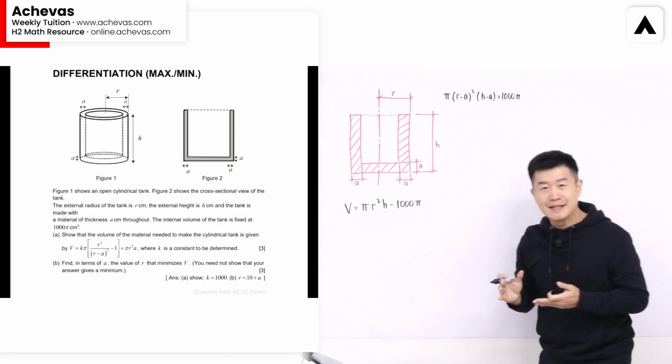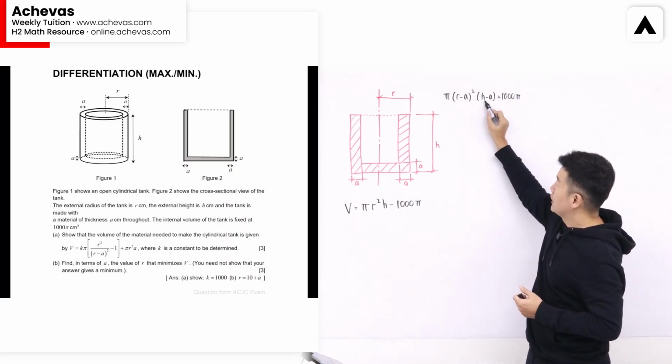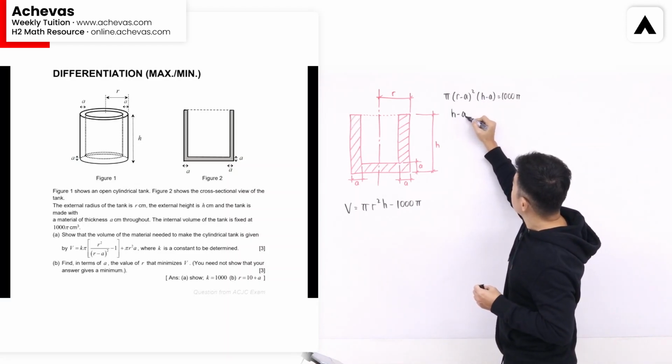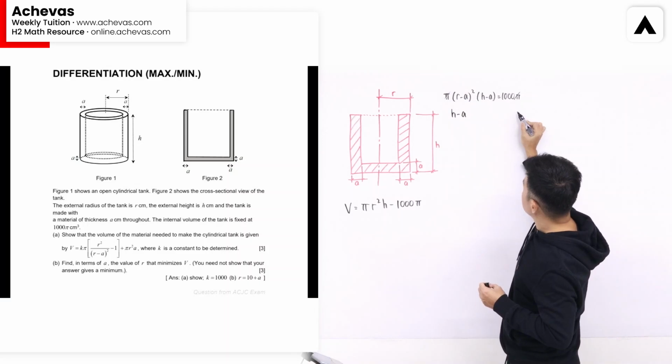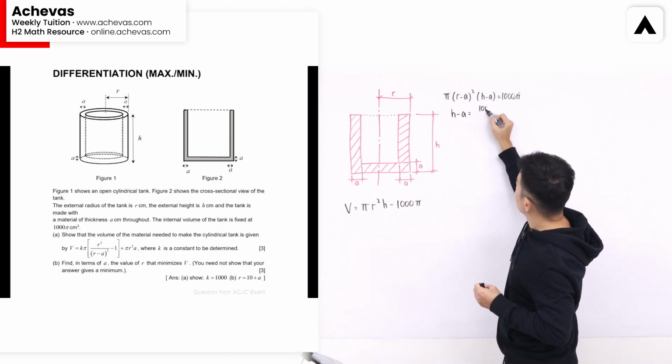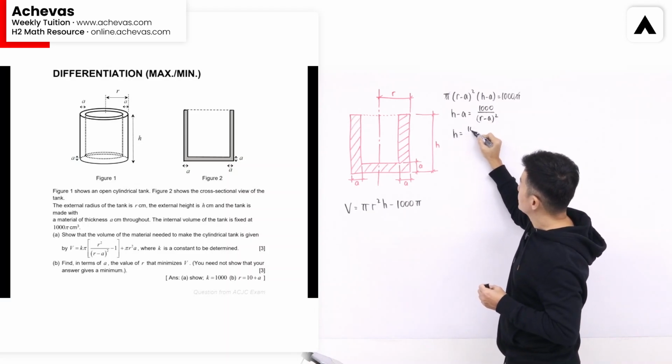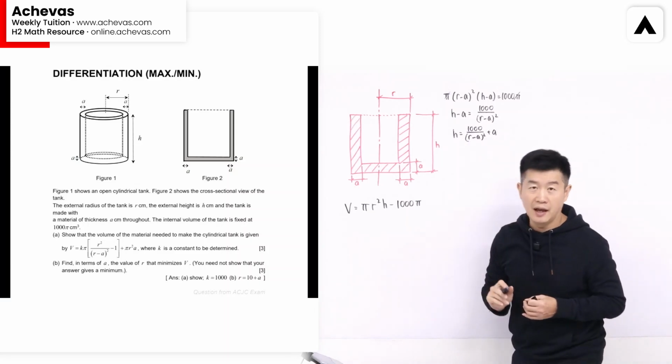And we're going to make use of this equation to try to get h to be in terms of r and a. So h minus a, this pi can be cancelled. It is going to be equal to 1000 over this r minus a square. So h is going to be equal to 1000 over r minus a square plus a.